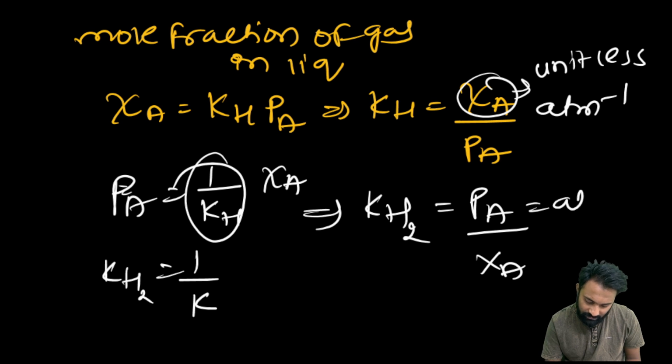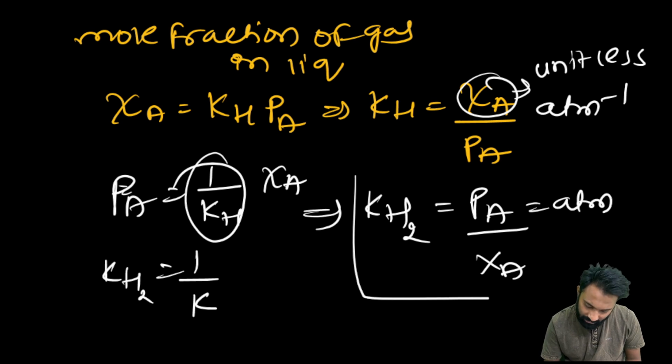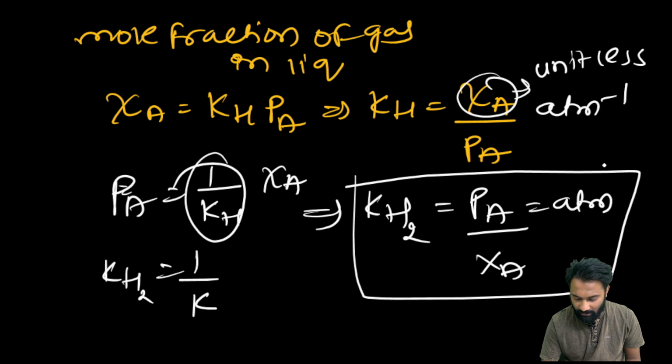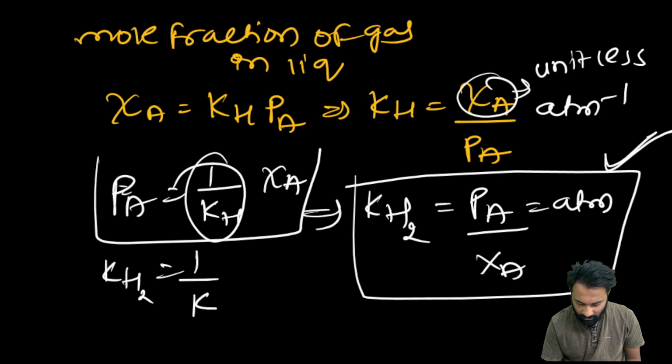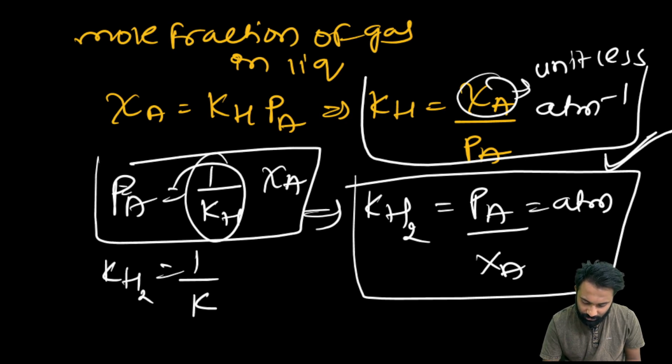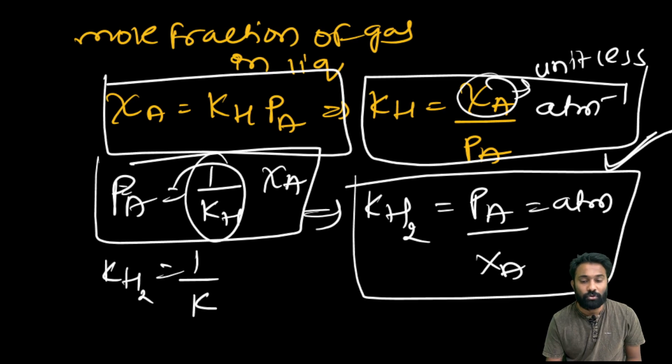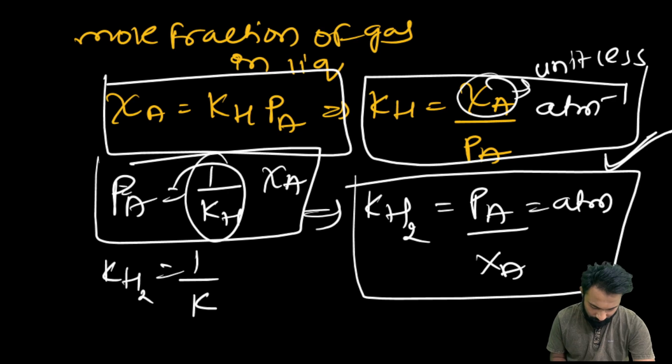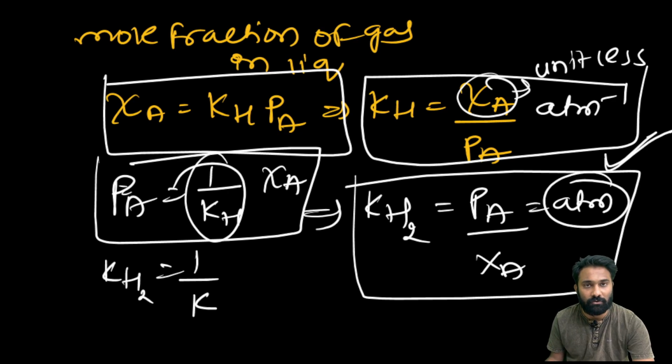The pressure of A is in atm. If the Henry's constant unit given is atm, we have to use this formula. If the Henry's constant unit given is atm inverse, you have to use the other formula. So you have to solve the question according to the data, according to the unit, taking the formula and solving.